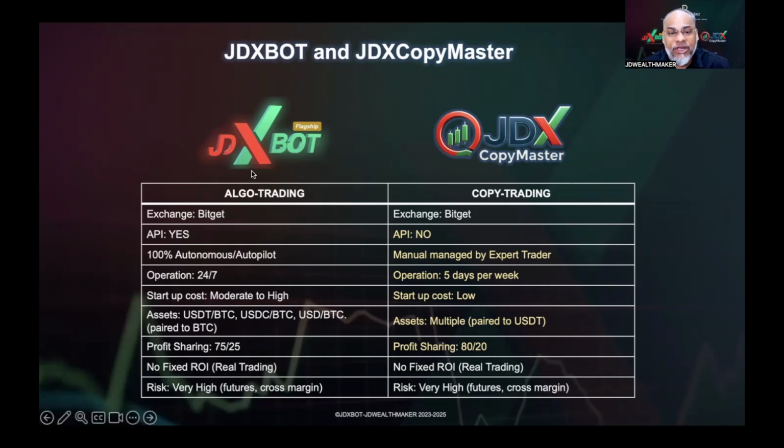But the algo trading JDXBot can be permanently available because it is done through programming. Now, startup cost: for JDXBot it is moderate to high, but the returns can also be much higher. For the Copy Master, the startup cost is only $50, so it is low.